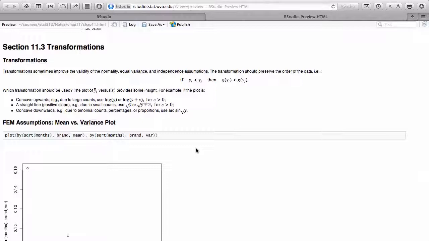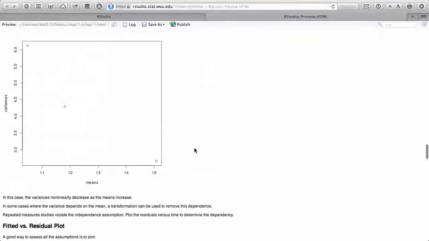The most common situation would be when I plot the y bars versus the s sub i's, which is the graph that we just looked at up here, when I have the means here and the variances here.